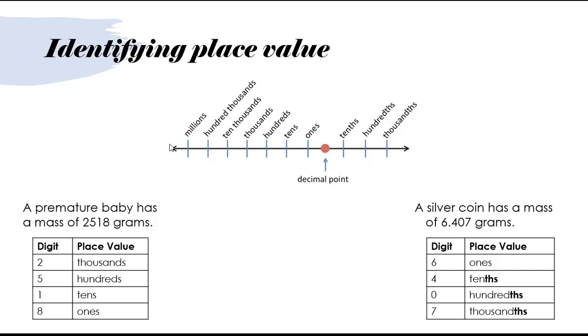All right, so some of the key math skills we need to be comfortable with. The first one is identifying place value. So if you remember, anything to the right of the decimal place is going to be a fractional or something that is less than 1. So between 0 and 1. Anything that is above or to the left of the decimal place is going to be numbers that are 1 or greater.